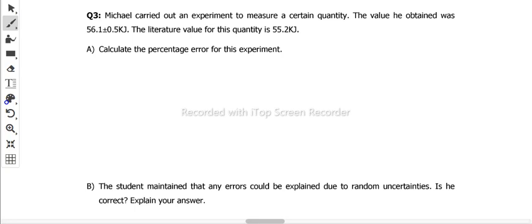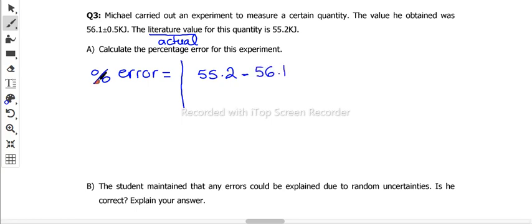So let's start calculating the percentage error. We need to remember that the rule is percentage error equals the absolute of the actual value, which is the same as the literature value, 55.2, minus the experimental value, which is 56.1, divided over the actual, which is 55.2, multiplied by 100%.